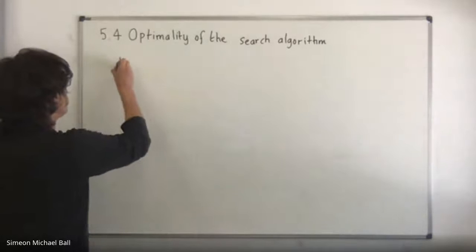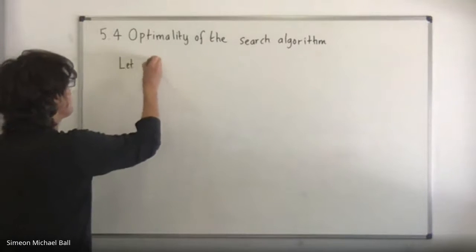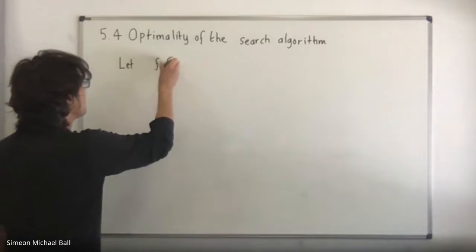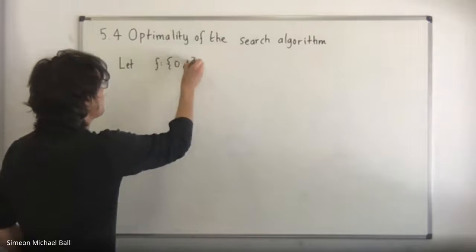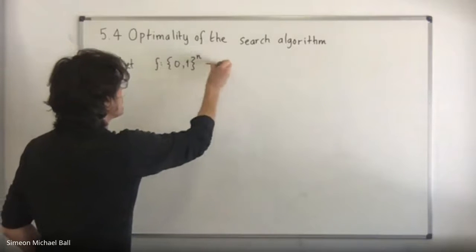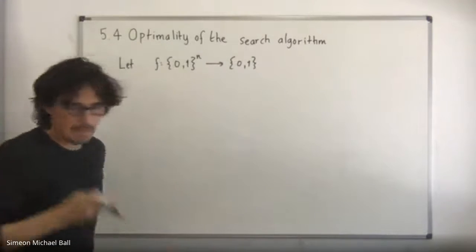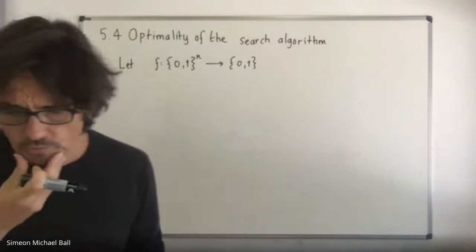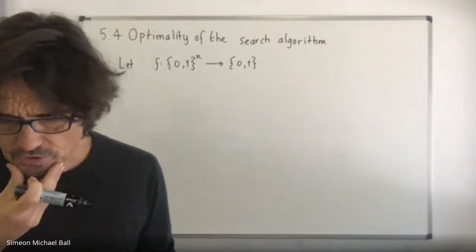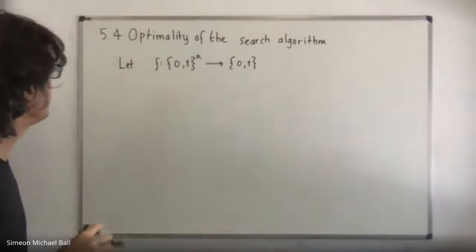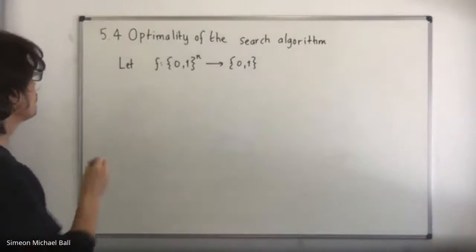So we're actually, for a moment, thinking in terms of f being a function from {0,1}^n to {0,1}. And we saw that we could construct an oracle on this.